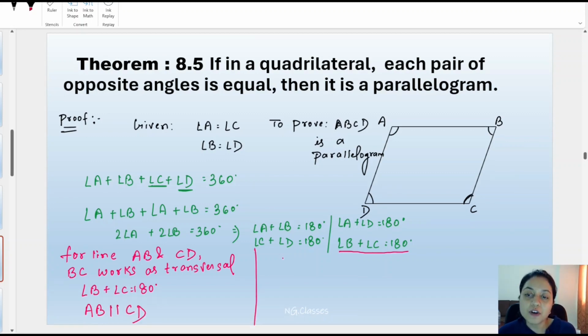Similarly, if we focus on lines AD and BC, for lines AD and BC, AB works as a transversal.